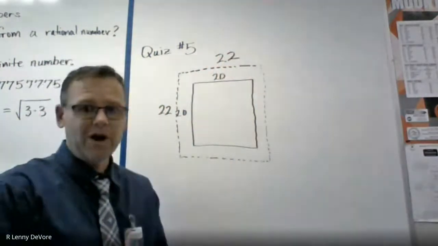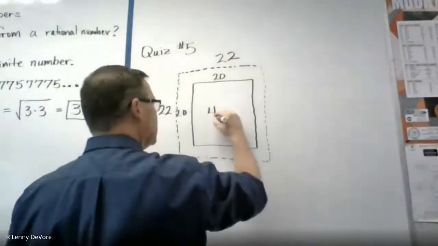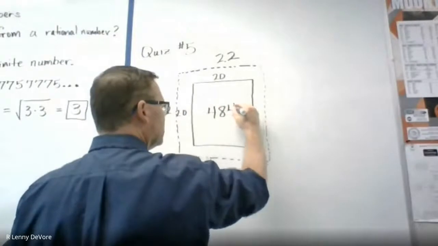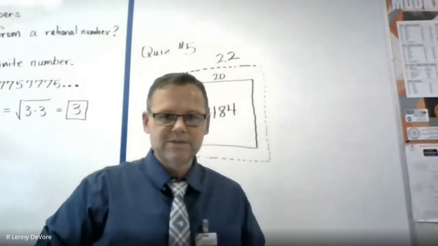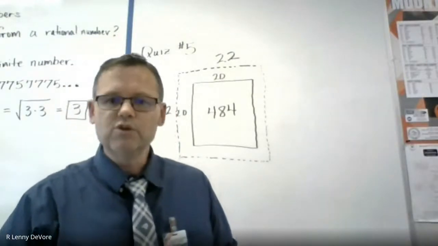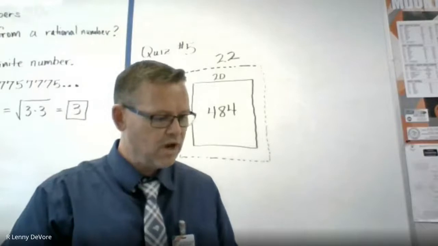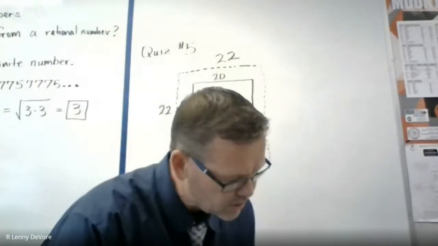So it's still a square. And if we find the area of that, it's 484. They're going to ask you a bunch of questions on that. You know, is the area a rational number? Okay. And so you want to go through and make sure you check off all the ones that are true or false.